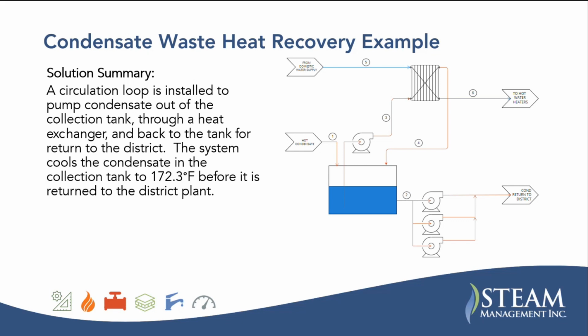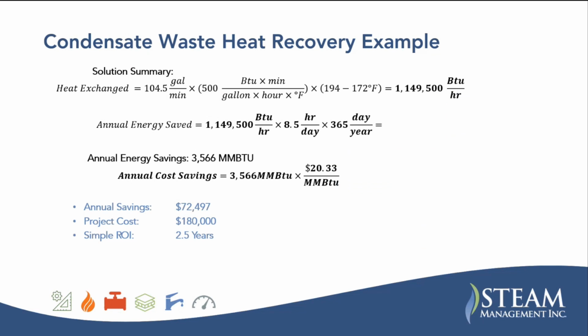We calculated that it's going to cool the condensate in the tank down to 172 degrees. We calculated that through the heat and mass balance, and here's the math for that, if you're interested. But the key point here is that we're going to have about $72,500 per year in savings for a project cost of $180,000.